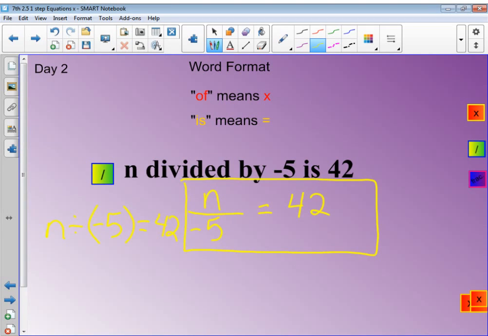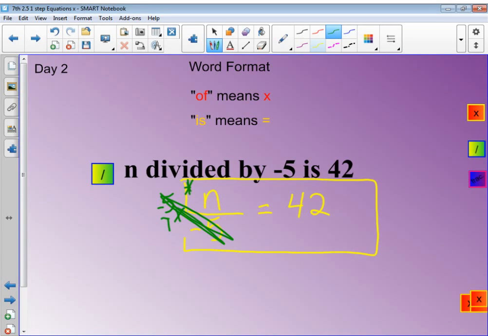So now if I go through and actually work it, because this concept right here might confuse some of you, you are going to have to work on writing it out this way because that's how you're used to seeing it. Okay, so now when I look at this, right now it's divided by negative 5, so I would go times negative 5 over 1 so they can cancel out.